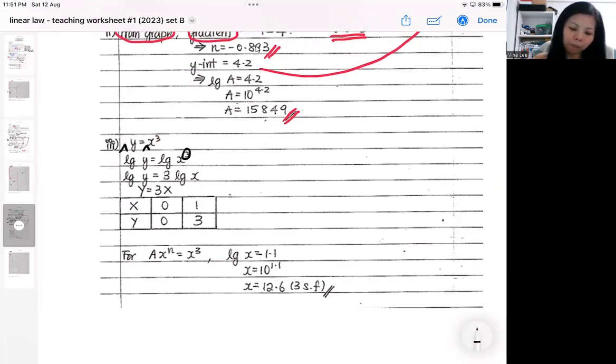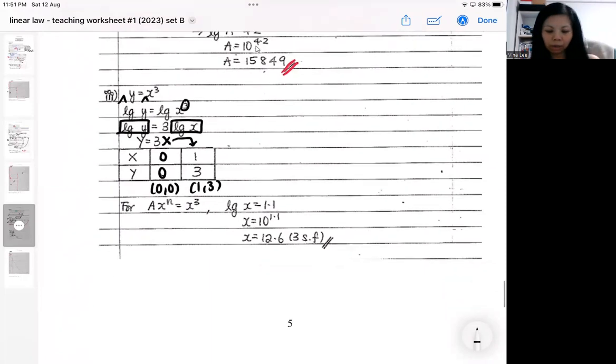I bring down the power, and I still get the same capital X and the capital Y. So the same capital X and capital Y will usually give you an easier table. So you take the capital X as 0, you will get Y as 0. You can get the capital X as 1, then Y will be equal to 3.